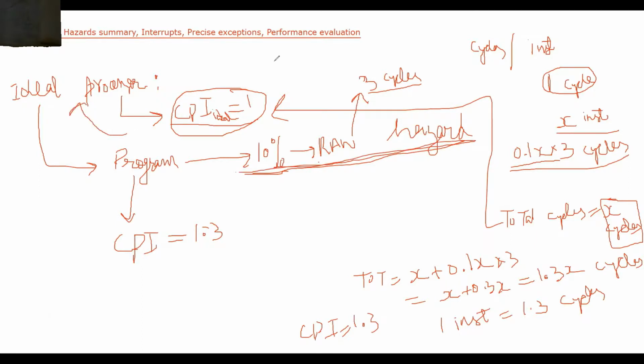In general terms, the equation is CPI equals CPI idle plus penalty per instruction. Let's do it using this equation. CPI equals CPI idle, which is 1, plus the penalty per instruction.